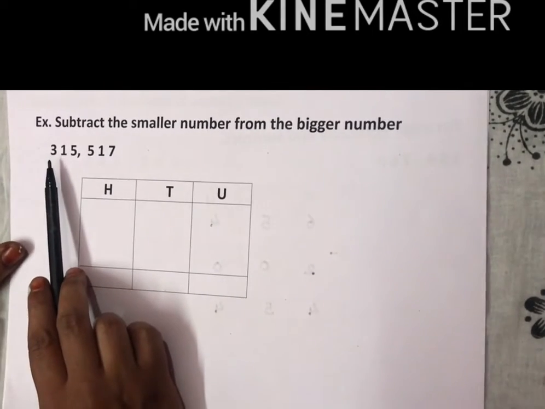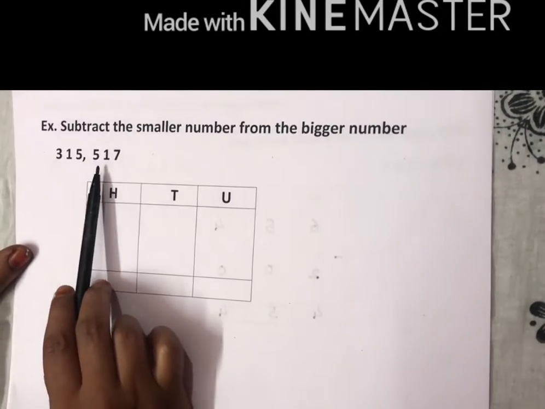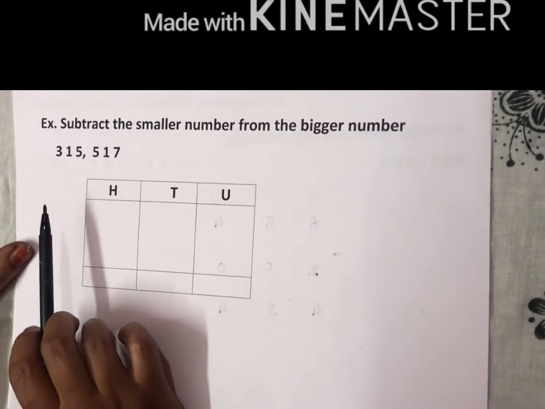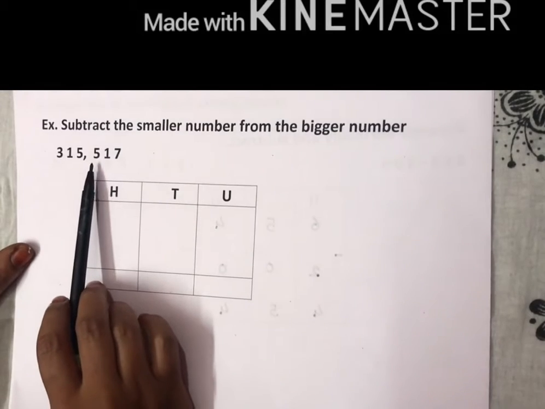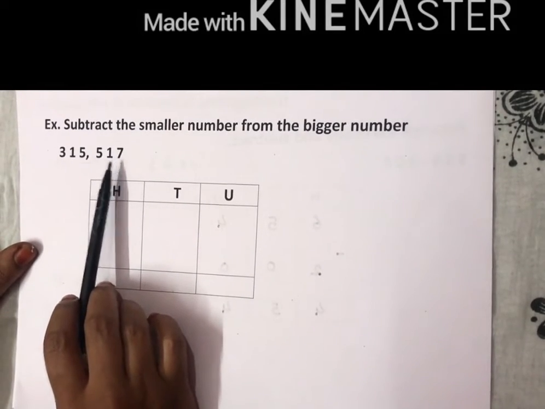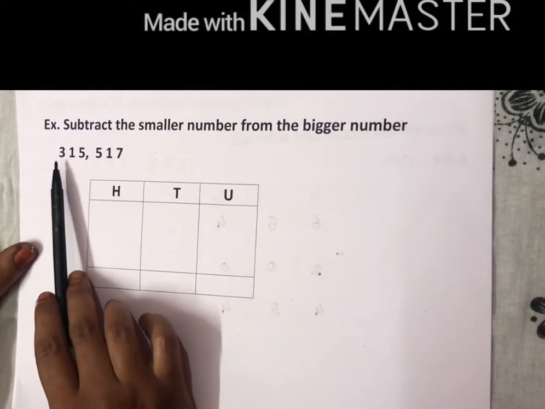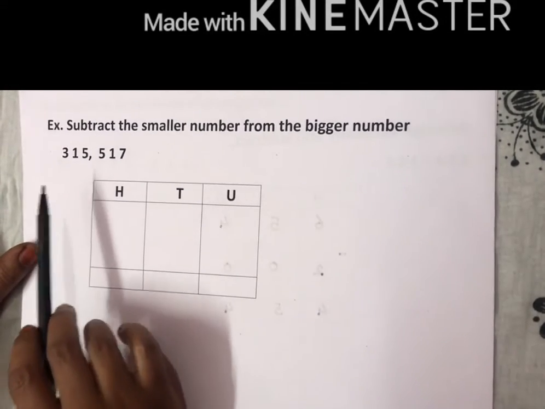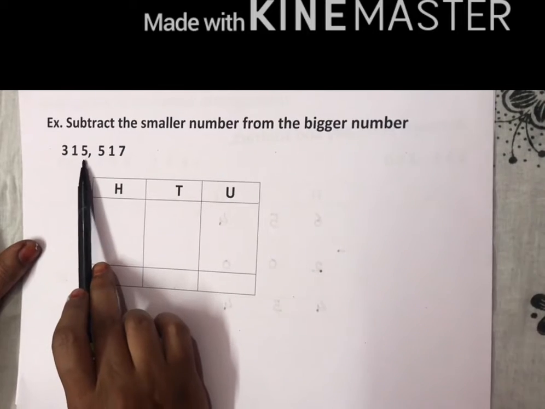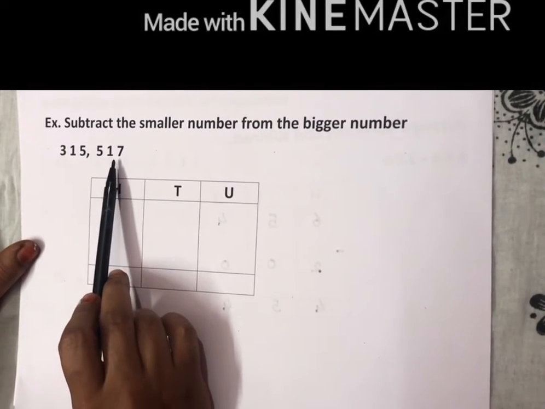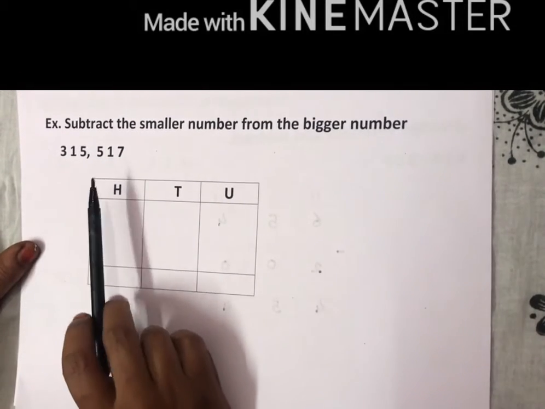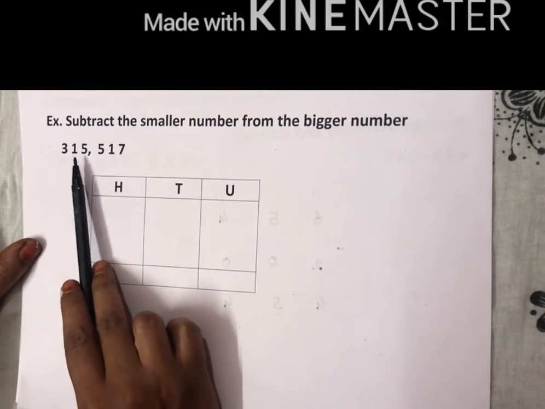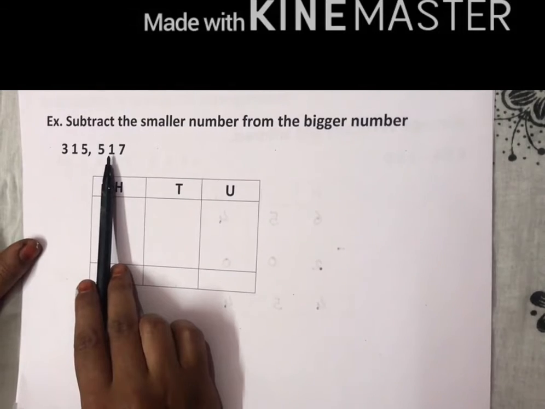So which is the bigger number here? The number 517 is the bigger, and 315 is the smaller number. So you have to subtract the smaller number from the bigger number. Always remember, whenever we are doing subtraction, we are subtracting smaller values from the bigger number.